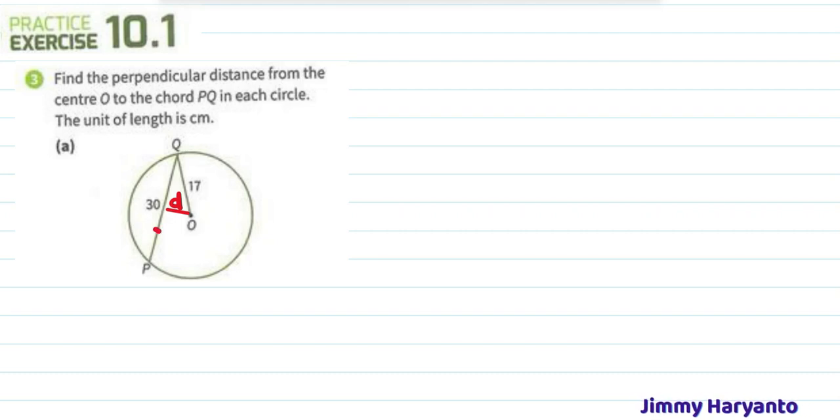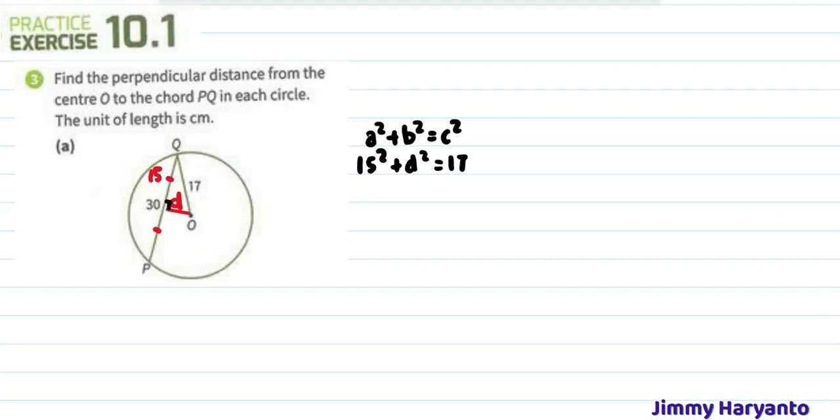That means we can divide the 30 into two parts equally, so 15, and then we will use this triangle. This triangle is a right triangle. That means you can use Pythagoras theorem. A square plus b square equals c square. That means 15 square plus d square equals 17 square.